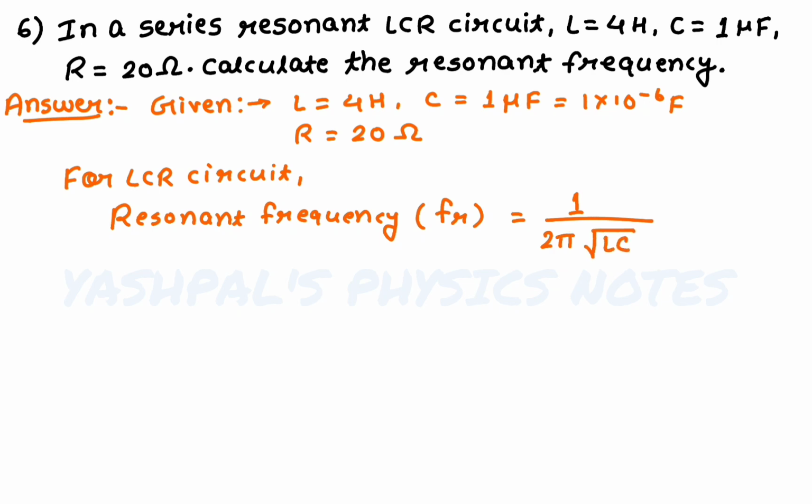Okay, now as we have written the formula, now it's simple. We just have to put the values. 1 upon 2 into 3.14.